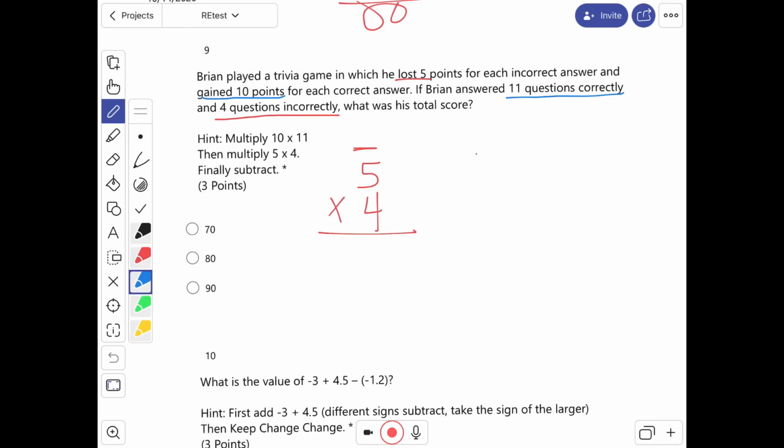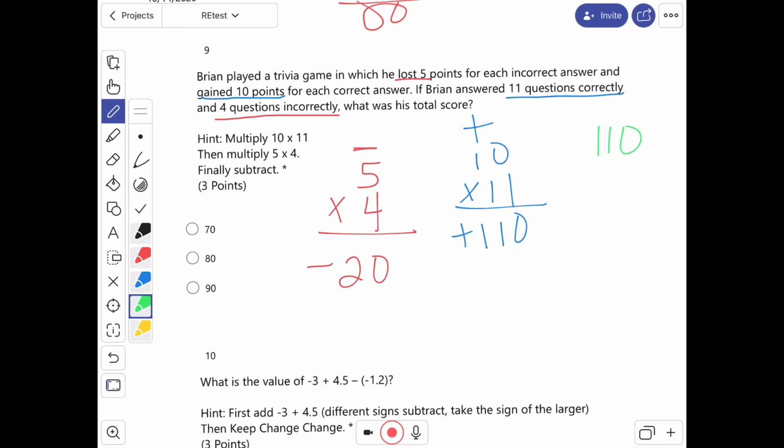That's multiplication. And he's gaining 10 points 11 times for the correct answers. So 5 times 4 is 20. And 10 times 11 is 110. To find his score, then, we need to subtract. He has 90 points.